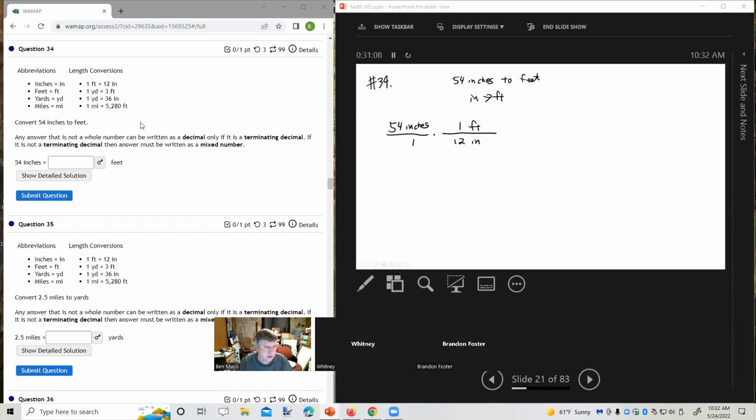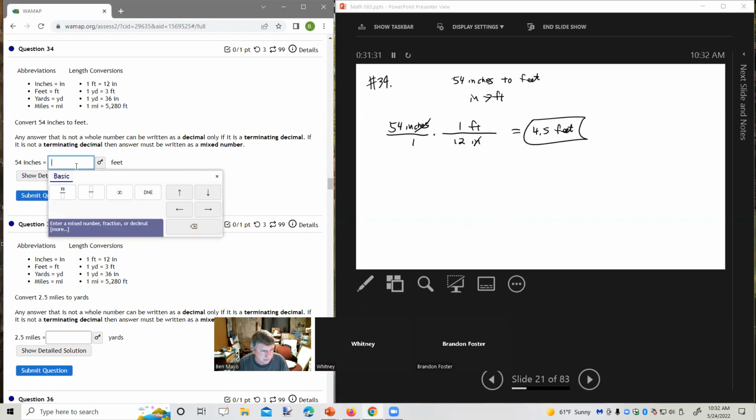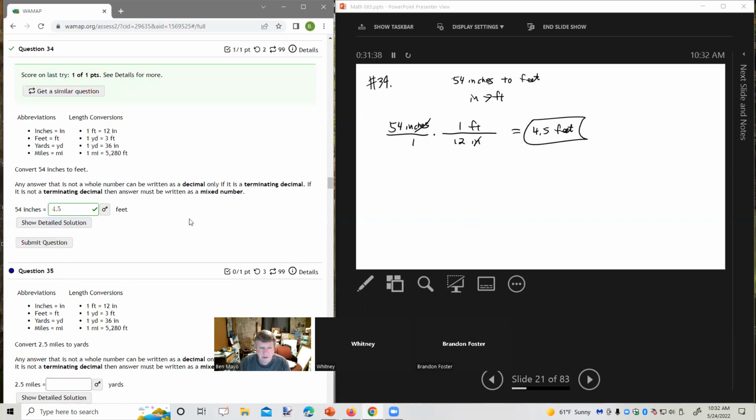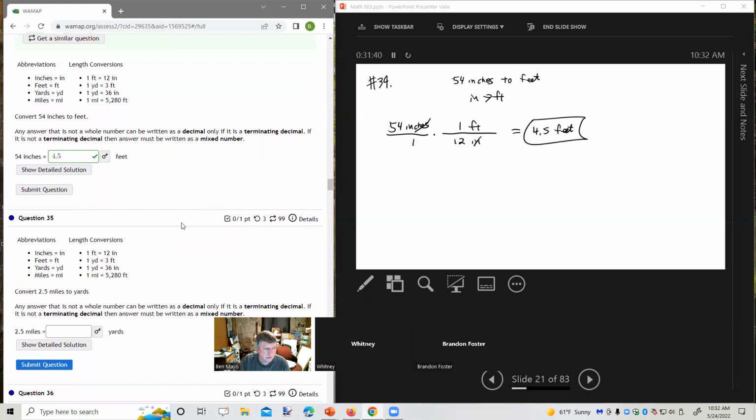I get that information right over there. So then units of inches cross out. And let's see, 54 divided by 12 is 4.5 feet. So that should be the final answer, 4.5 feet.